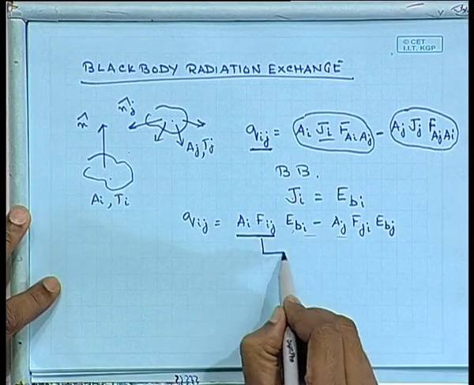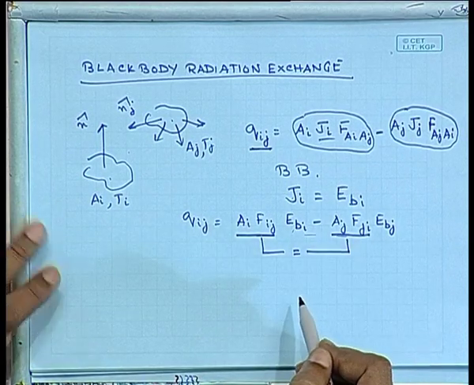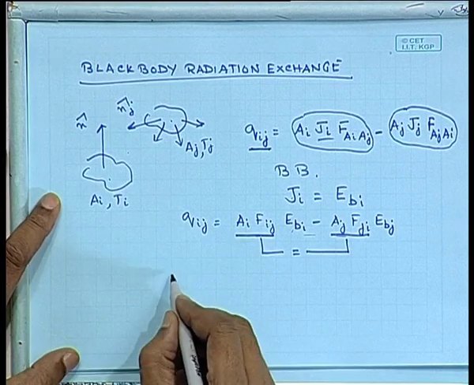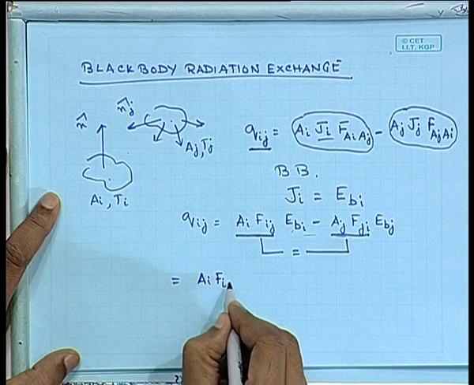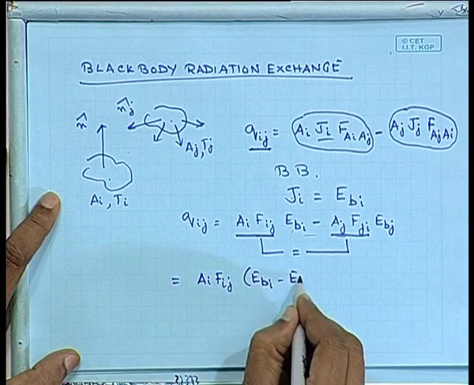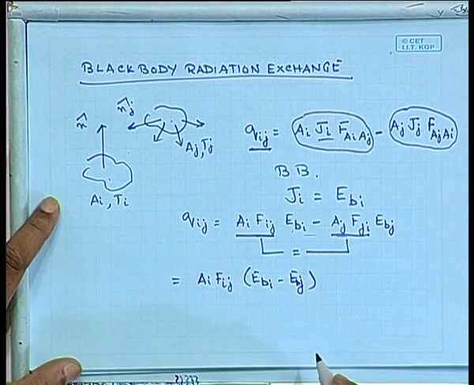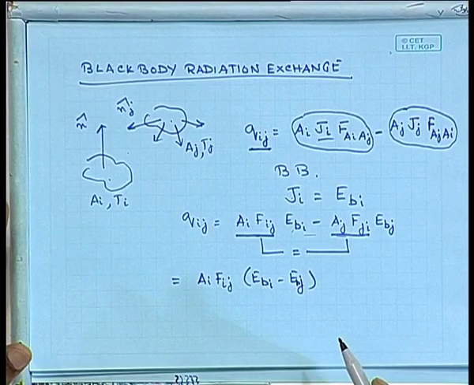This is equal to this by the reciprocity relation. So if these two are equal by the reciprocity relation, I am simply going to write Ai Fij (Ebi minus Ebj). And what else can we say about Ebi? How do we express Ebi?